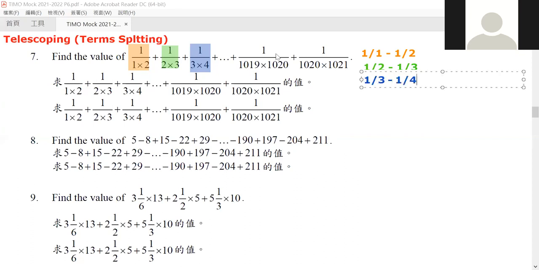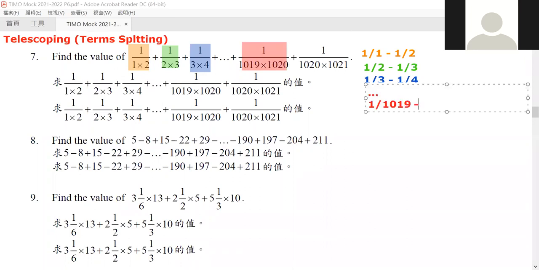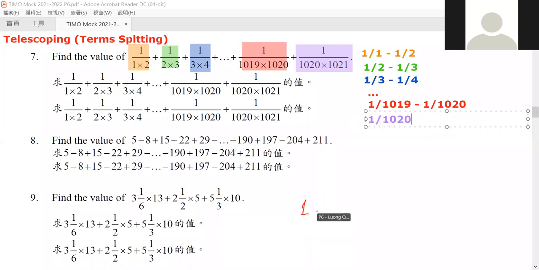Now you can calculate it directly. For our second last term, it would be equal to 1 over 1019 minus 1 over 1020. And for our final term, this will be equal to 1 over 1020 minus 1 over 1021.